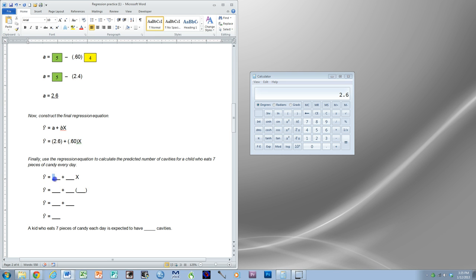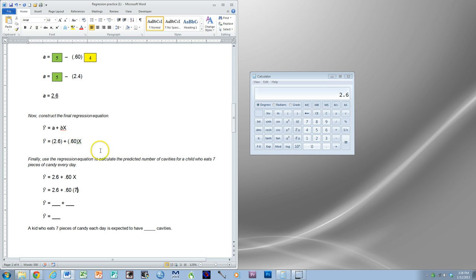All right, so we're just recreating the equation here: 2.6 plus 0.60. This stays the same, 2.6, and the coefficient stays the same, 0.60. Now for x, I'm substituting 7, because x is the candy, 7 pieces of candy a day.